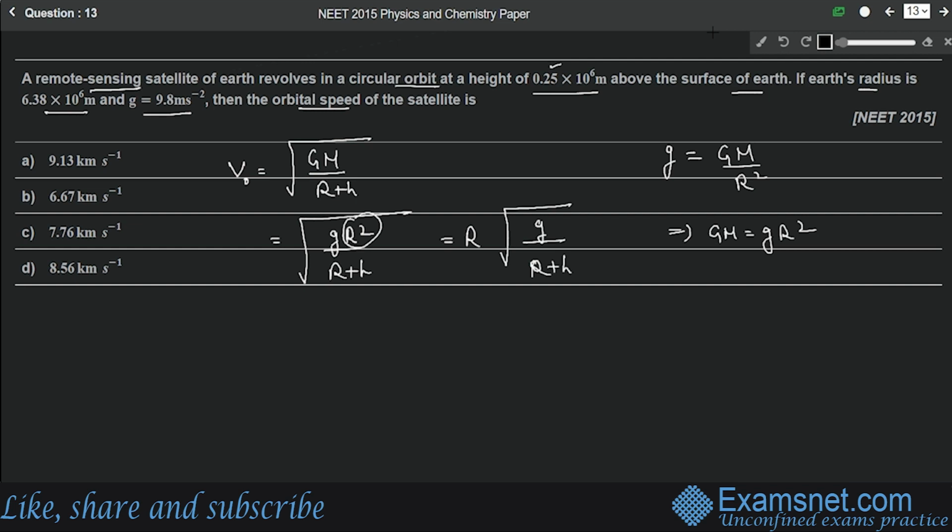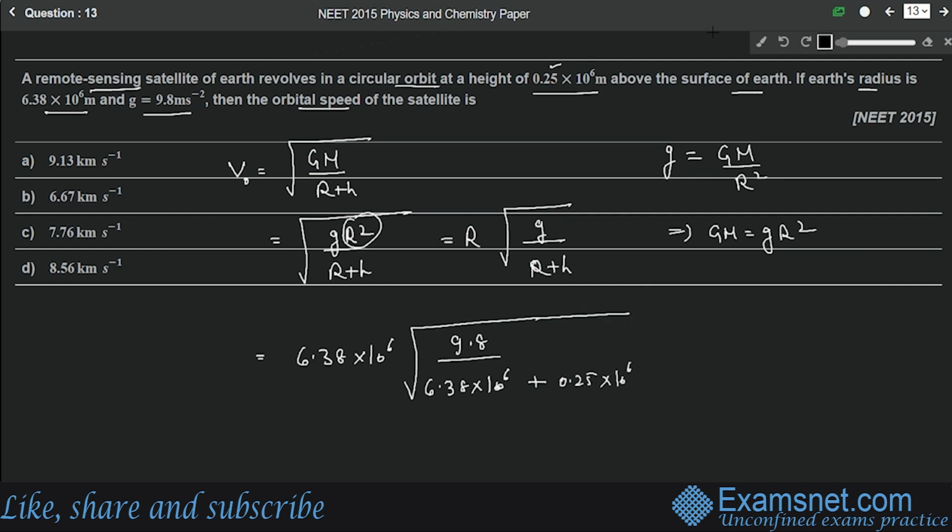Now we simply have to put the values. r, that means radius, is 6.38 × 10^6 meter. Then we have under root g, acceleration due to gravity, 9.8 upon r plus h, that means 6.38 × 10^6 plus h, that means 0.25 × 10^6.